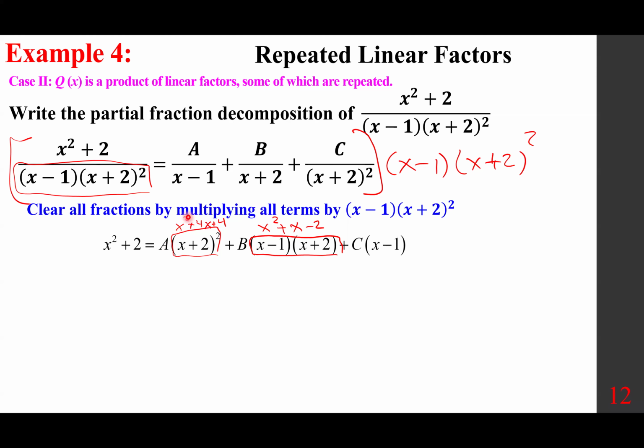So this is ax squared. Let's just first write them. Ax squared plus 4ax plus 4a plus bx squared plus bx minus 2b plus cx minus c. Let's just write them. Let's show that to everybody.